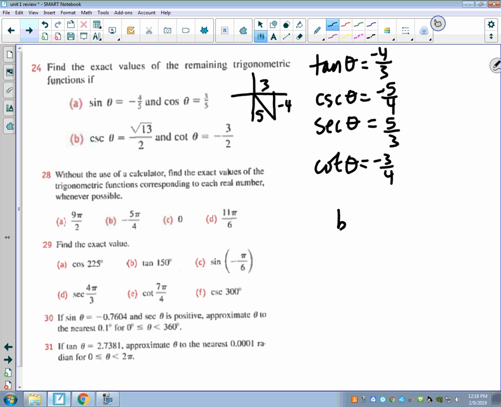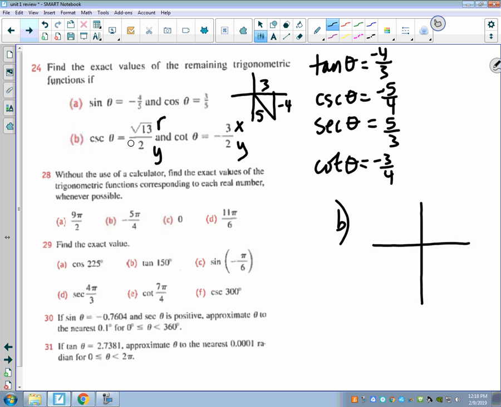We would do the same thing for part B here. Find the exact values. And so this one, they give us cosecant and they give us cotangent. And so cosecant, remember, is like what? R over y, and cotangent is x over y. And again, think about what quadrant you're in.